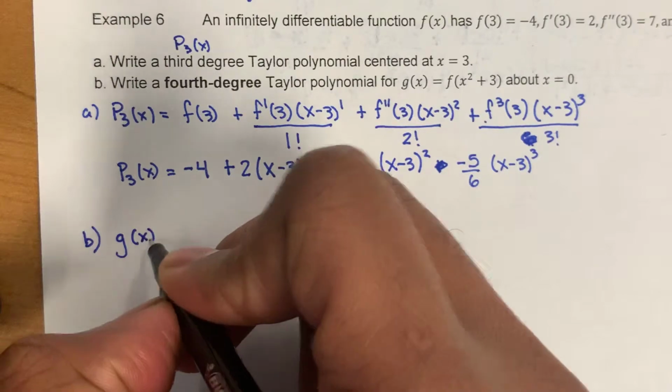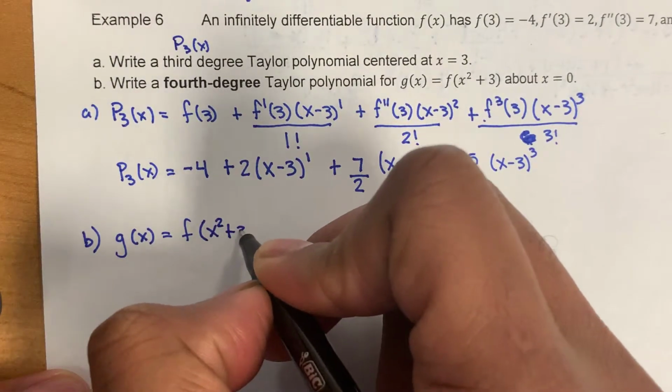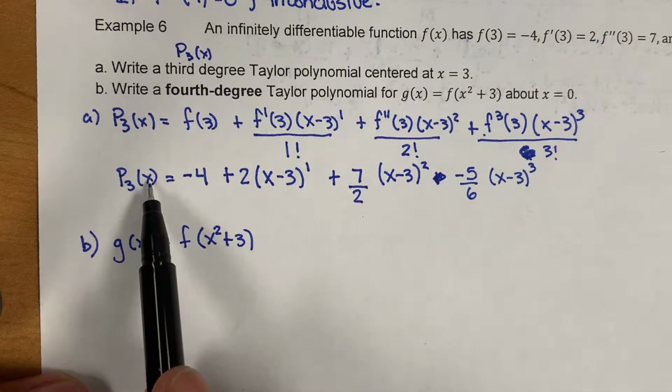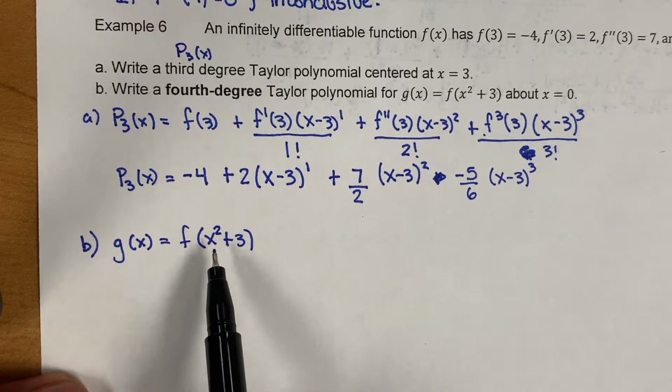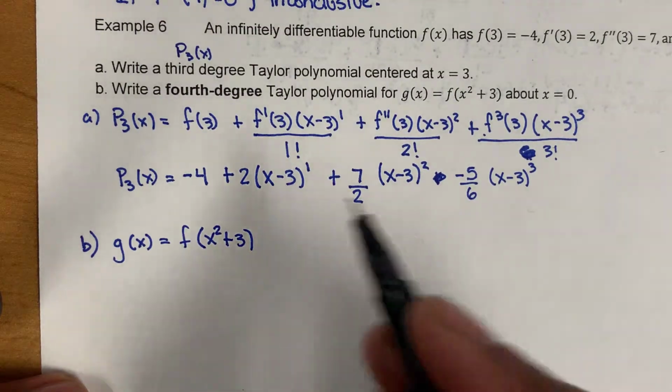So g of x is going to equal f of x squared plus 3. So that basically means that in this polynomial, where we have an x, we're just going to substitute x squared plus 3 instead. So we're going to use this to come up with a different coefficient.